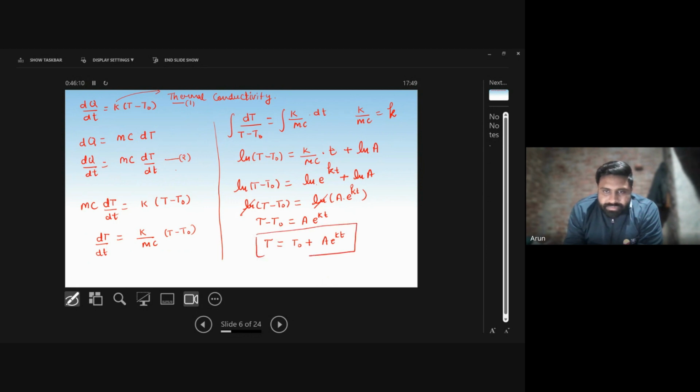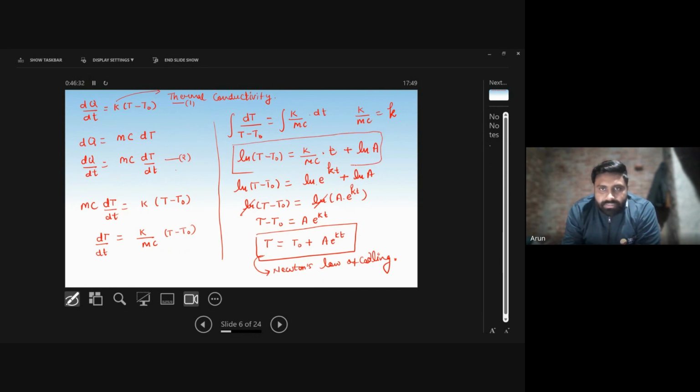Now this is something that we call Newton's law of cooling. This is the most general form of Newton's law of cooling. Instead of that, you can also remember this equation, this one.